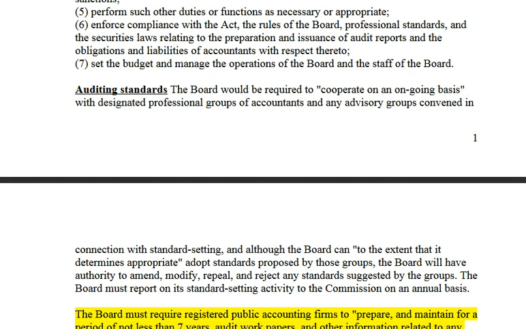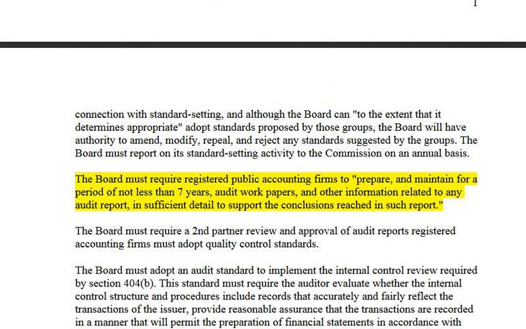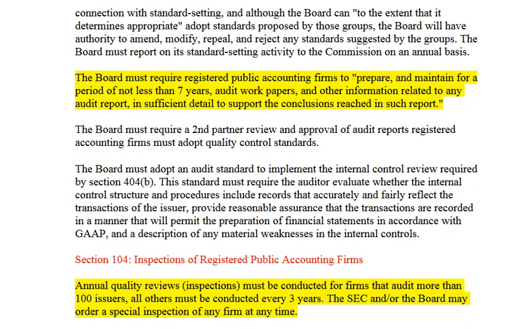Auditing standards. The board would be required to cooperate on an ongoing basis with designated professional groups of accountants and any advisory groups convened in connection with standard setting, and the board can, to the extent it determines appropriate, adopt standards proposed by those groups.